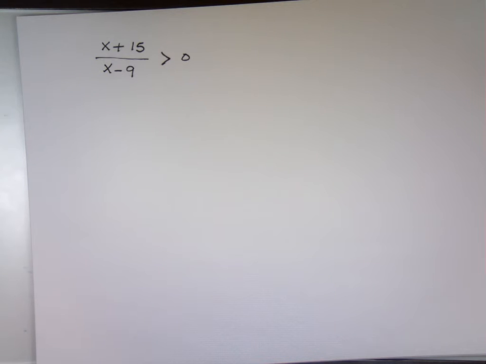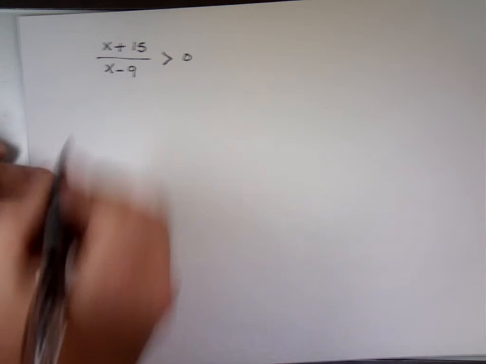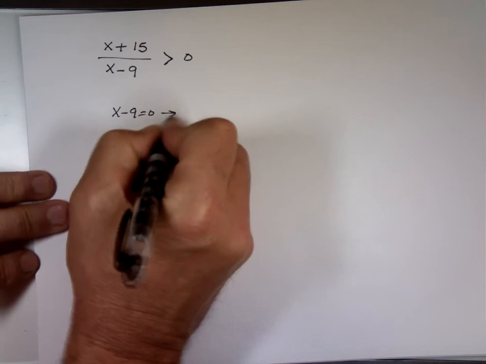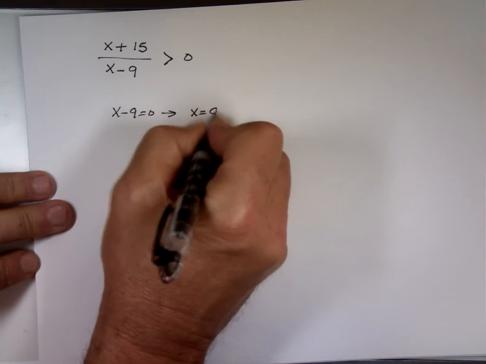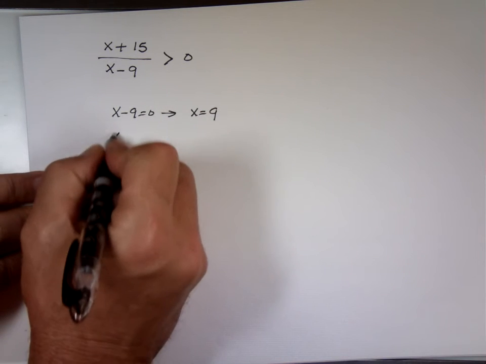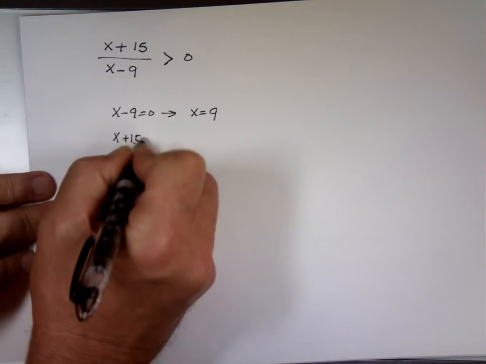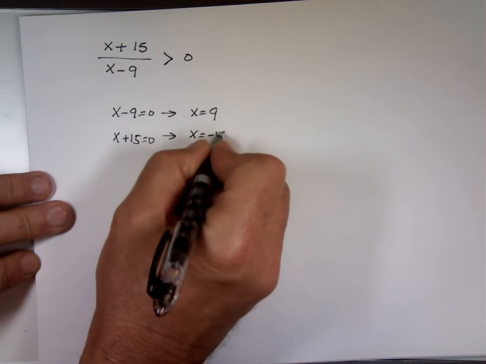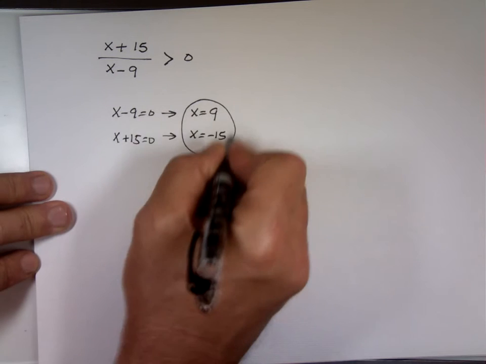I'm done. Well, when is each one going to be 0 then? When is the x minus 9 going to be 0? 9. When x equals 9. So that's my first critical number. And when is x plus 15 going to be 0? X equals negative 15. So these are my critical values.